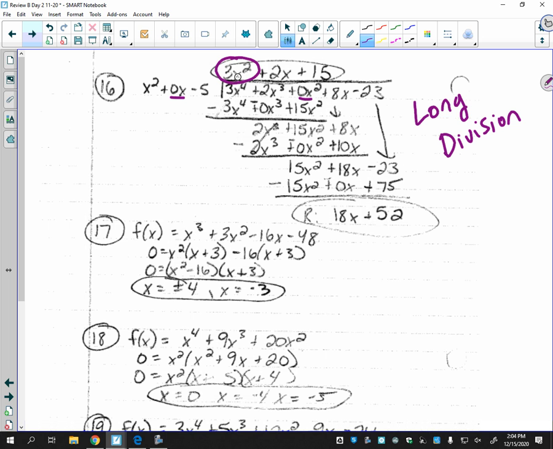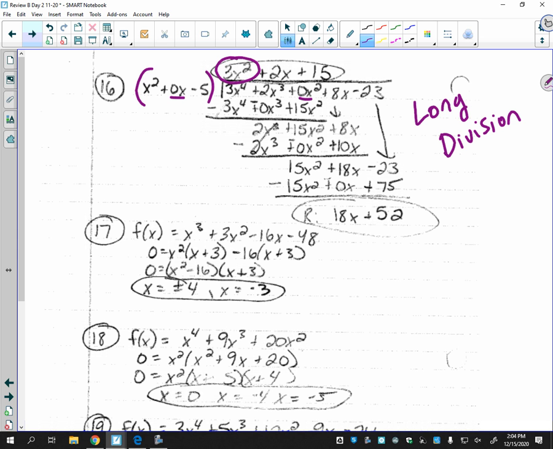Because 3x squared times x squared gives me 3x to the fourth. But where do I get all these? Because you have to multiply by the whole thing to get those numbers. And then remember, in division you subtract, and that's where our mistakes tend to happen, and you bring down the next number. And you have to do it 3 times, each step getting the next number to do that.